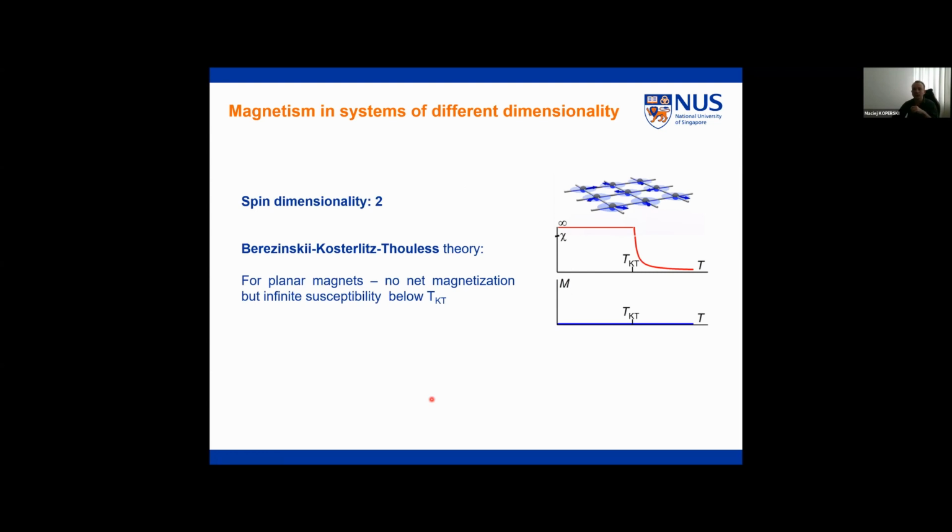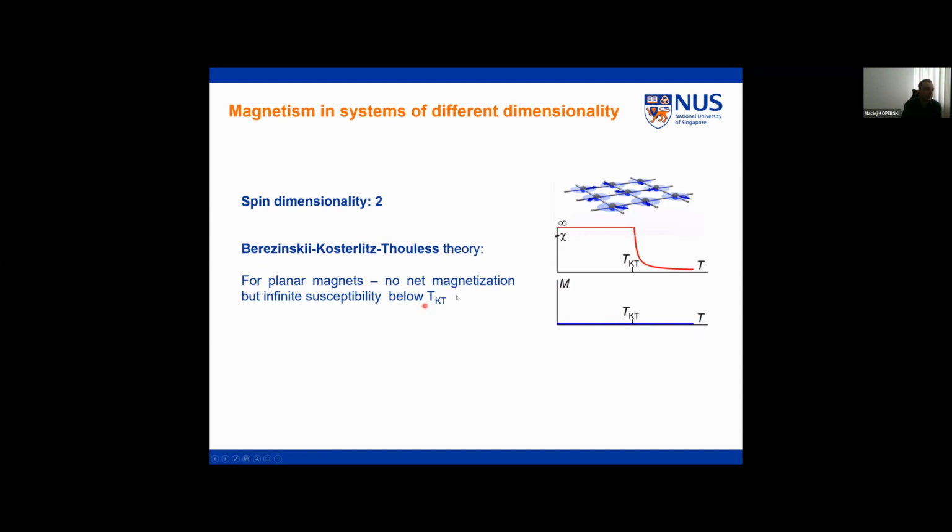The case of spin dimensionality 2 is much more complex, and one of the theorems that talks about this case is the so-called Berezinskii-Kosterlitz-Thouless theorem. And it predicts the creation of a state which is very peculiar. This is a state that has no net magnetization. So the situation does not change with the temperature.